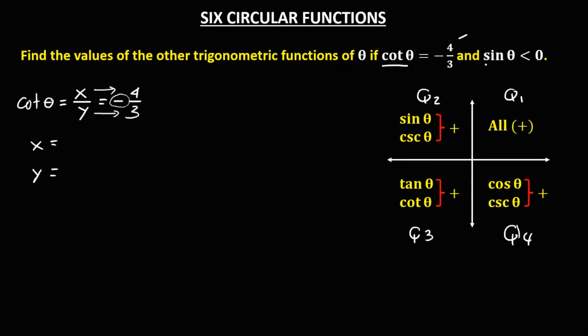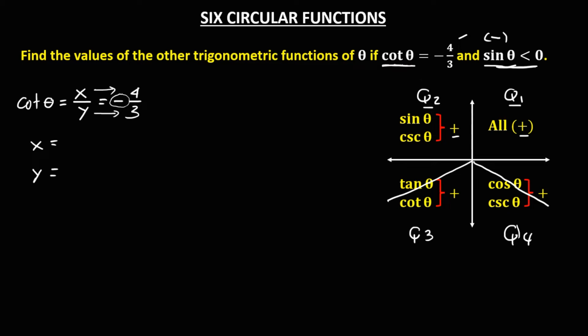Then from this given, since sine is less than 0, sine is negative. And sine is negative in quadrant 3 and in quadrant 4, because in quadrant 1 all are positive and in quadrant 2 sine is positive. So theta is either in quadrant 3 or in quadrant 4.